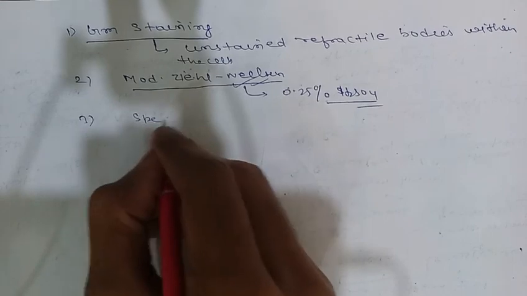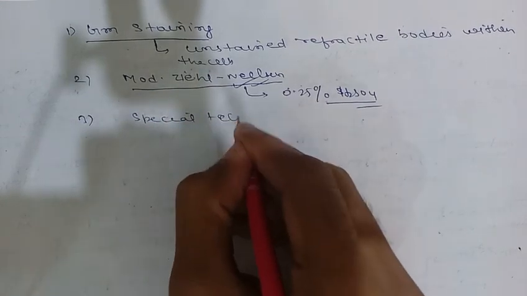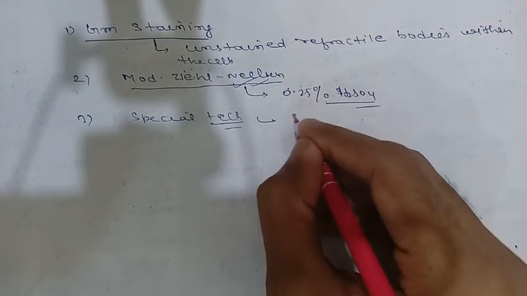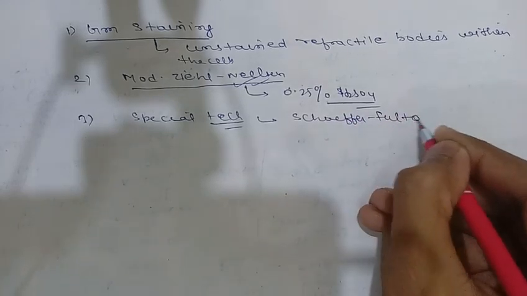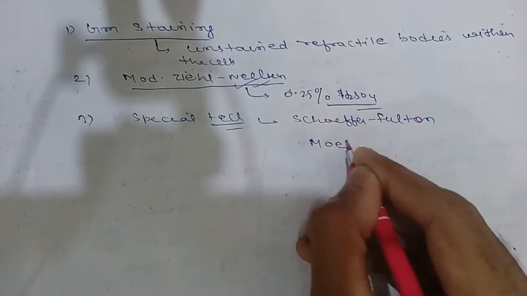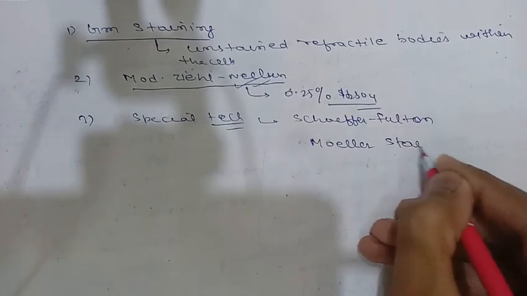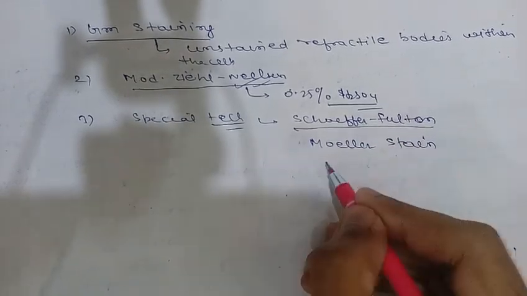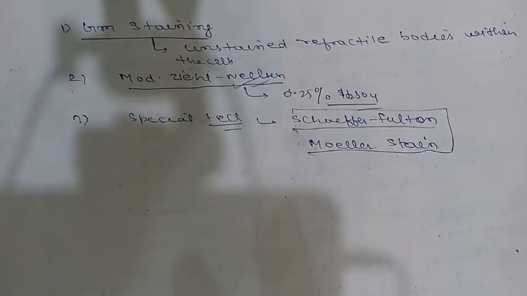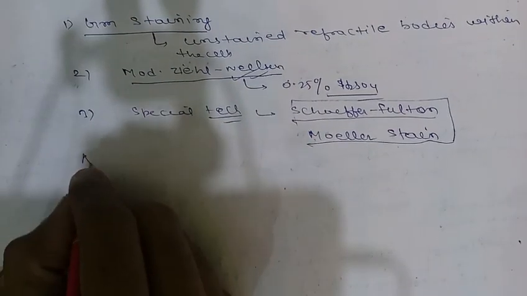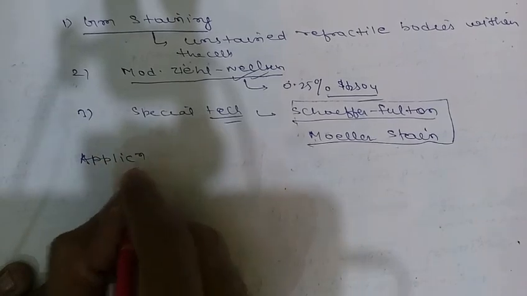Now the third is some special techniques for endospores, which include the Schaefer-Fulton stain, or you can also use the Moeller stain. These two special techniques are used for demonstration of spores.